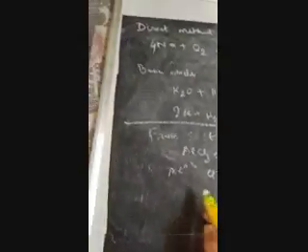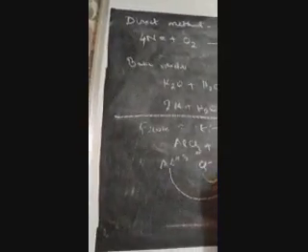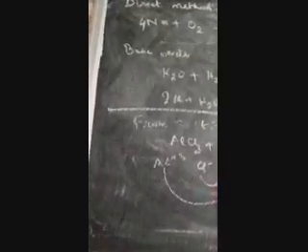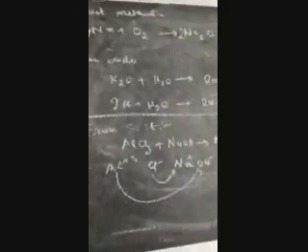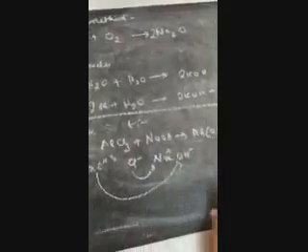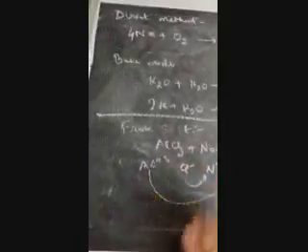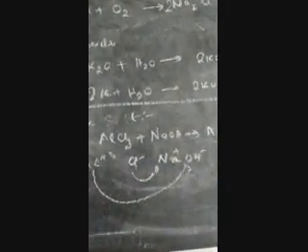Aluminium will combine with hydroxide, and sodium with chloride. As this is insoluble, it will settle down in the solution. So in the solution, sodium and chloride are left.